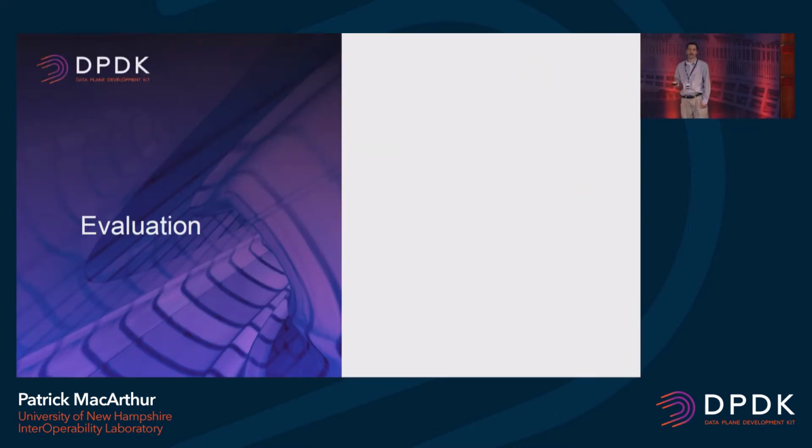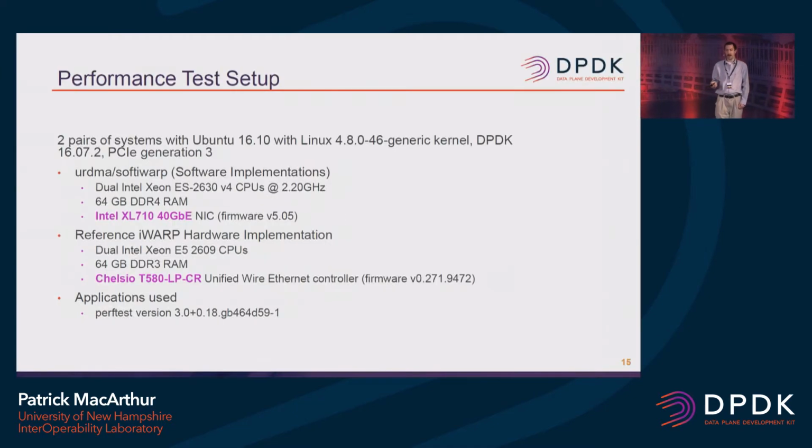So next, I'm going to look at performance evaluation. This performance evaluation was done a little while ago, and I'm comparing urdma against a reference iWarp hardware solution, which is just a Chelsio iWarp NIC.